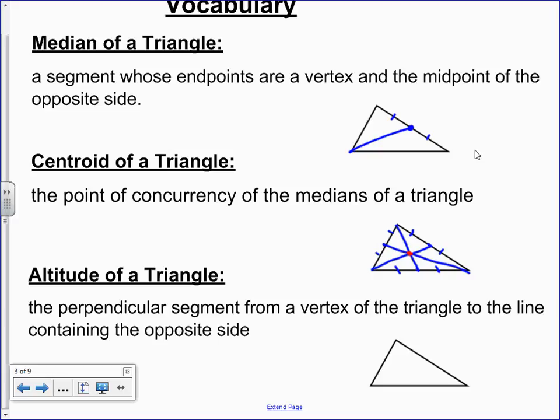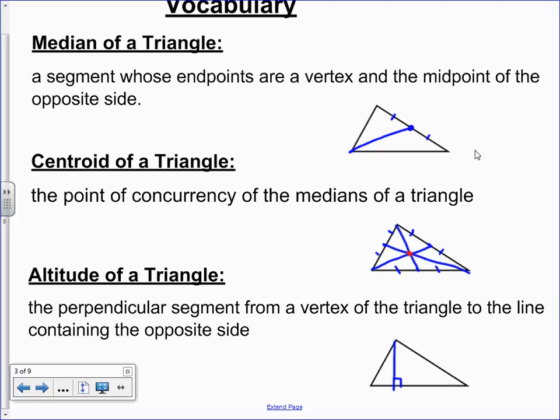So it does not matter where it is, as long as it's from the vertex and perpendicular to the opposite side. So if we're taking this one right here, it has to be perpendicular, but it has to be also going through the vertex of that opposite angle. So right there, that line is called an altitude. Basically, if it's sitting like this, it's the height of a triangle.